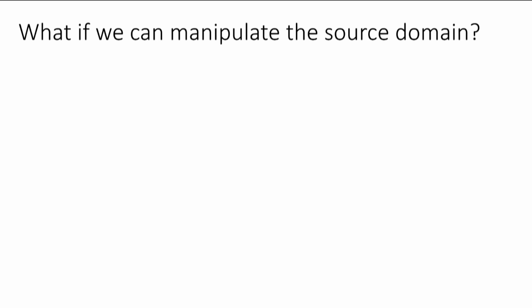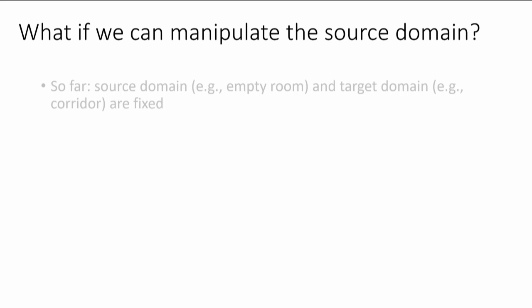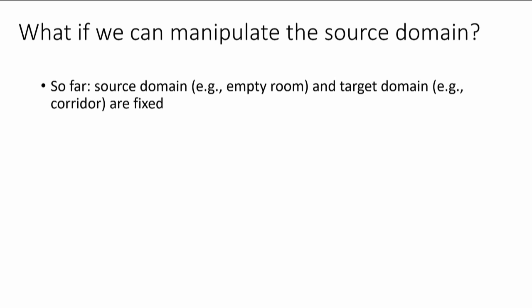But what if we're allowed to actually manipulate the source domain? What if the source domain is not a fixed thing, but something that we actually choose? So we have some difficult target domain, and we get to choose a source domain from which to transfer to make transfer work well. So far, our source domain has been fixed, like maybe the source domain is the ant running around in the empty room, and the target domain is the ant running in the corridor.